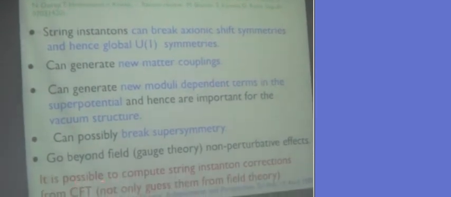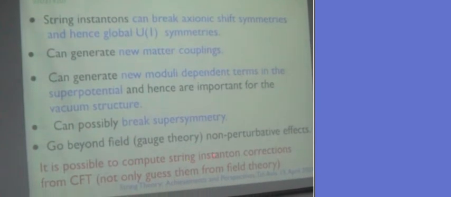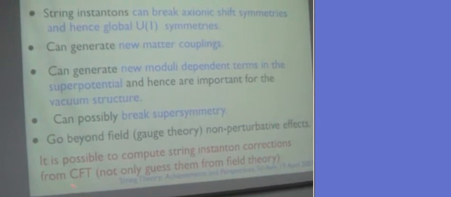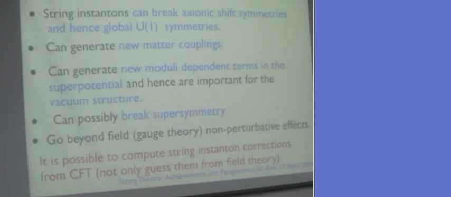So as I've mentioned already, it is possible to compute these string instanton corrections from CFT by very similar techniques as we have computed the perturbative action, and this may sound surprising, but I will show you why.